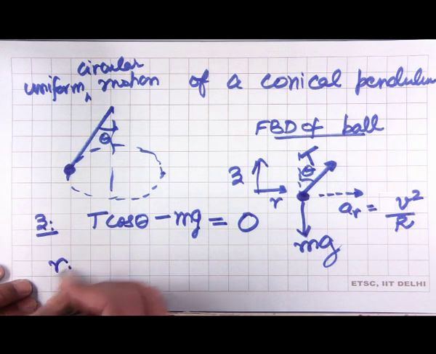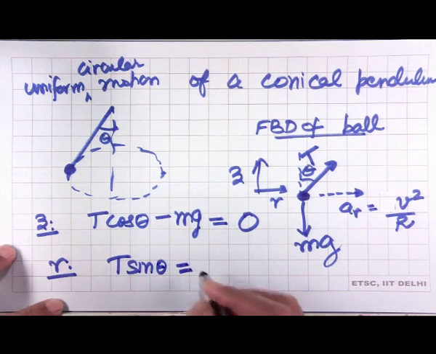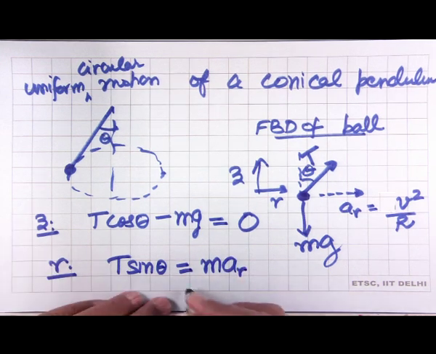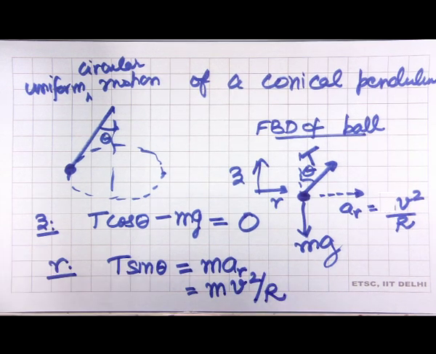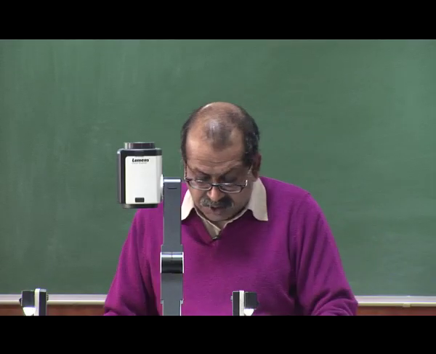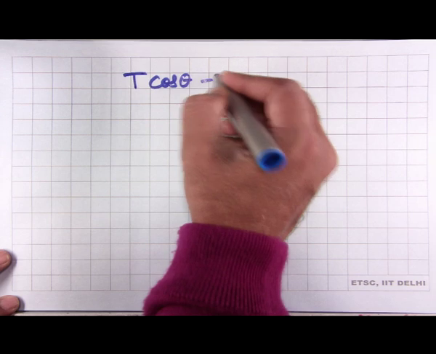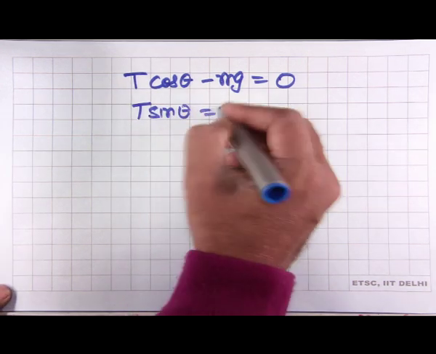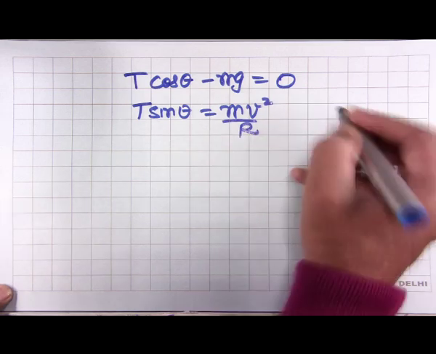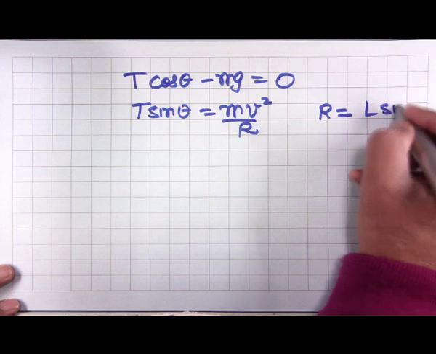In the radial direction we have only a single force, T sin theta, and this must equal mass times acceleration in the radial direction, that is m times v square upon r. So we have T cos theta minus mg equals 0, and T sin theta equals m v square upon r. Also, as shown, if L and theta are our two variables, then r equals L sin theta.